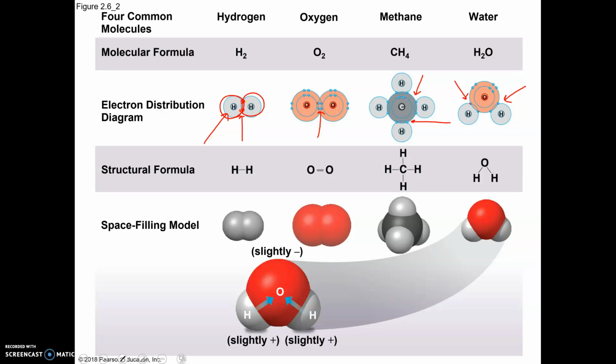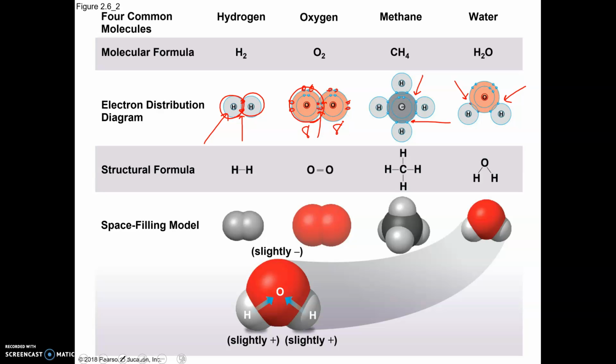Now, what did oxygen want? Oxygen wanted 8, right? So let's look at how many are shared. If we just look at this oxygen, it has 1, 2, 3, 4. Remember, I'm only counting the outer shell. And then these are the shared ones, 5, 6, 7, 8. So this one has 8. What about the other oxygen? 1, 2, 3, 4. And then the shared ones count for both of them, so 5, 6, 7, 8.